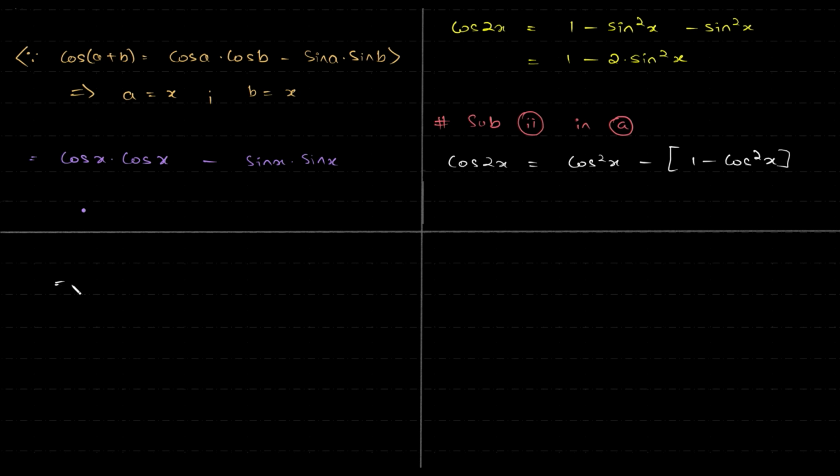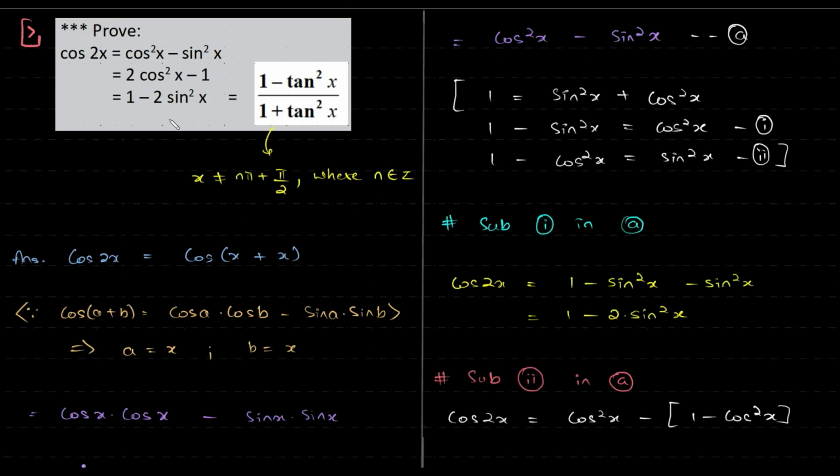And so we have cos square x minus 1 plus cos square x. And so this is 1 cos square x, 1 cos square x, this is 2 cos square x minus 1. And thus we have the following set of expressions. Agree?